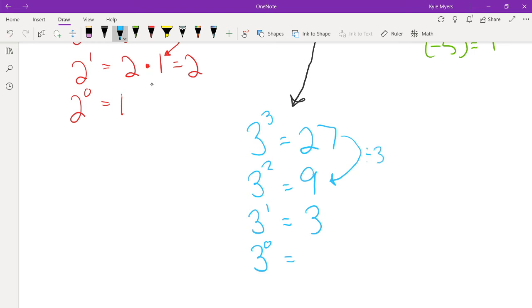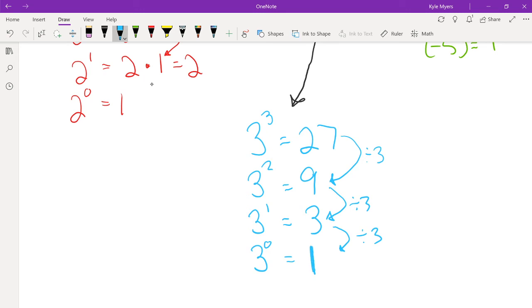If I divide 27 by 3, I get 9. If I do it again, I get 3. So that's really the pattern: as the power gets less and less, 1 less power, divided by 3, 1 less power, divided by 3. So the next thing I should do is take 3 and divide by 3. Well, 3 divided by 3 is just 1.